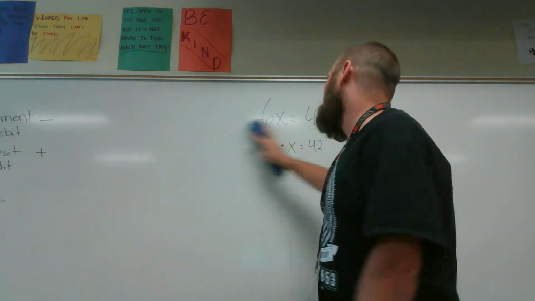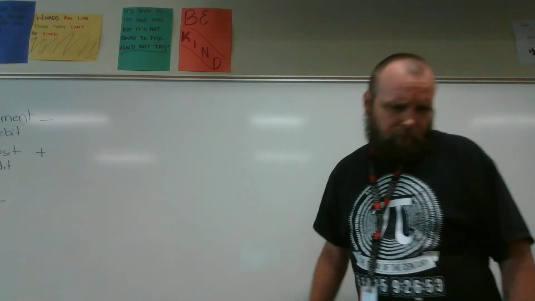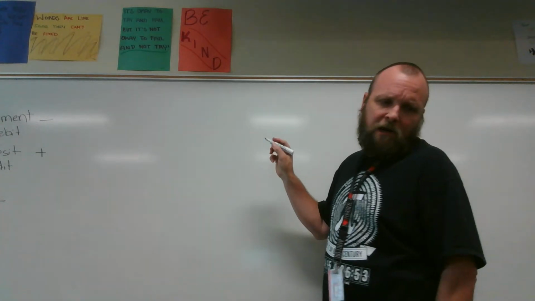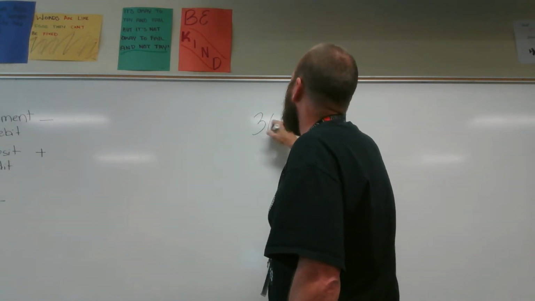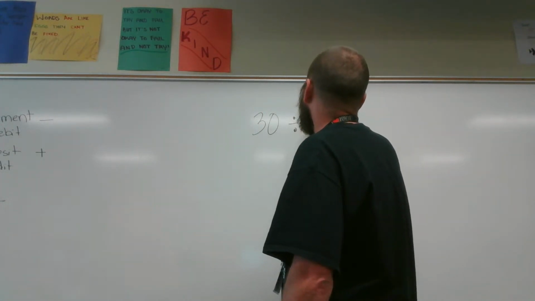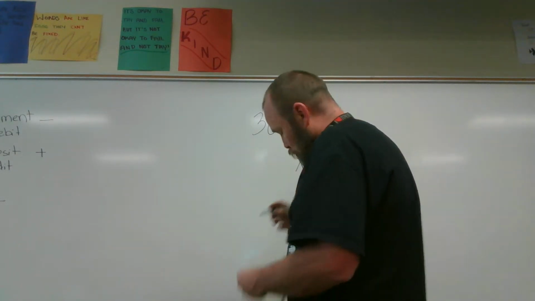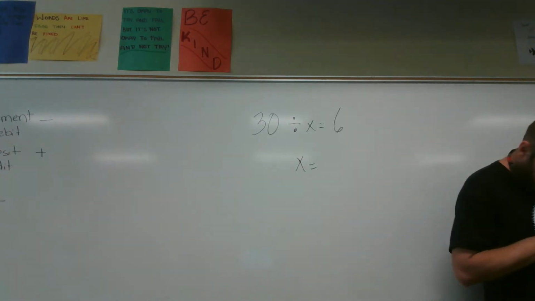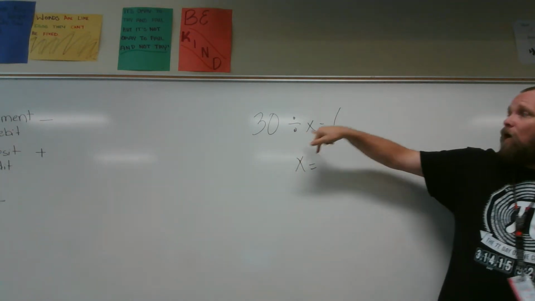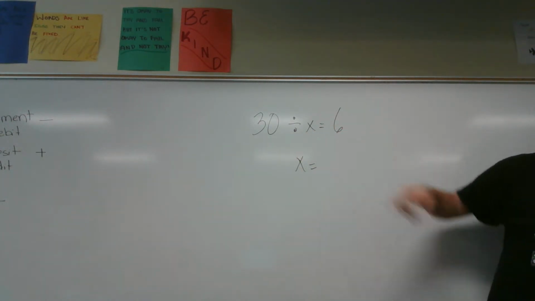Our next problem is 30 divided by x equals 6. And we want to know what x equals. Reagan. 30 divided by what equals 6? 5.